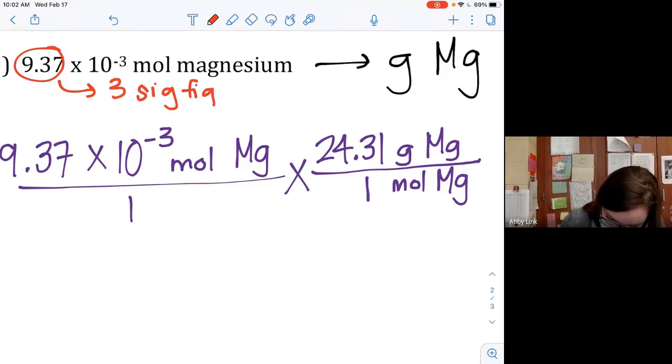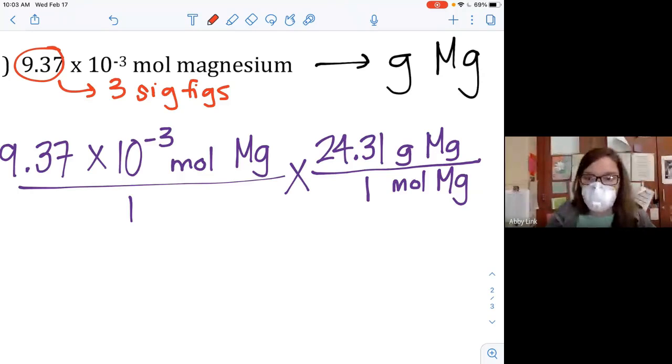All right, why don't you guys go ahead and try and type that in, and then type into the chat what answer you get when you multiply across the top there. Okay, and Jimmy has written it in scientific notation.